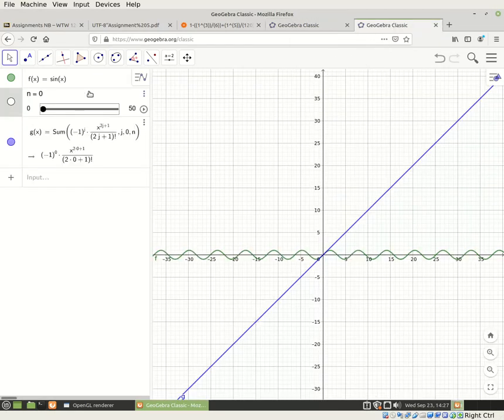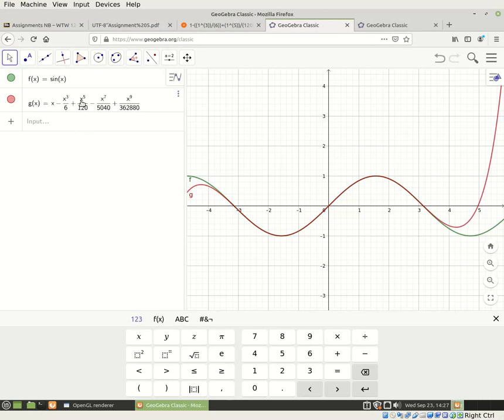Here I have made a little slider. You see there is some pattern to this polynomial: x minus x cubed plus x to the 5 minus x to the 7, so all the odd terms.